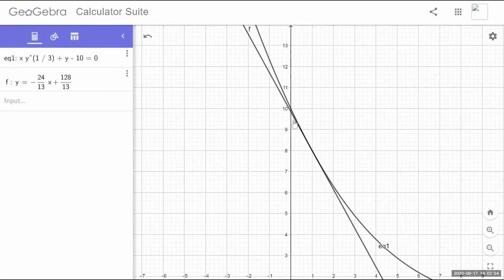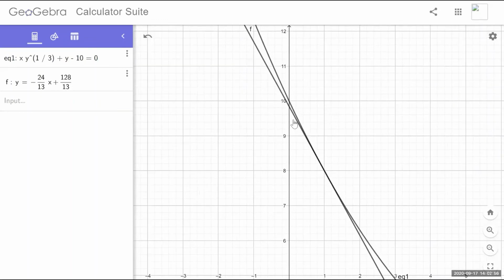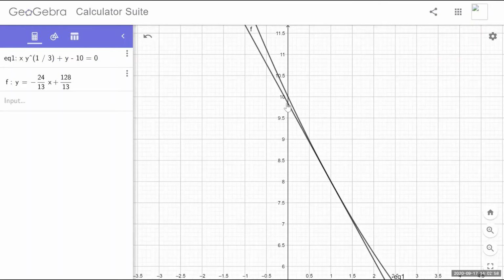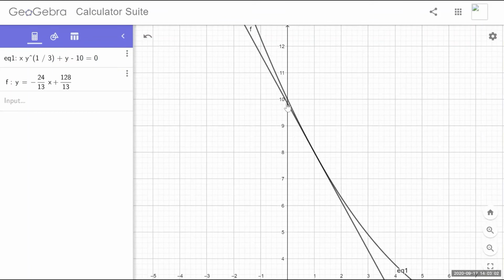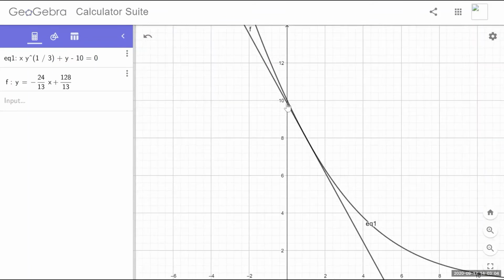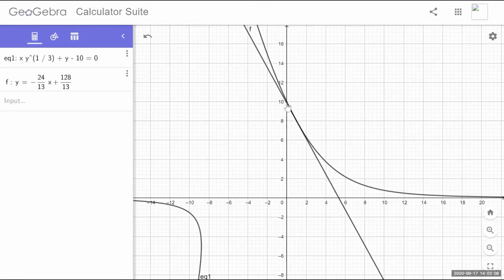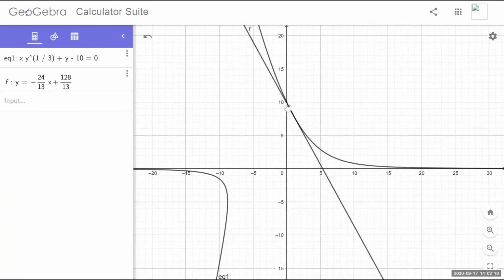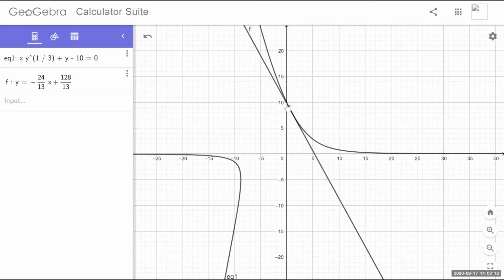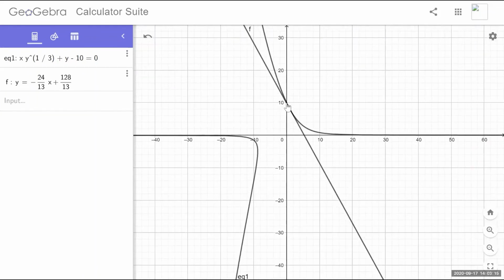If we zoom in, you can see the y-intercept is a little below 10. So that is the equation of the tangent line for the implicit function given in the problem. When we sketch the graph, we sketch the function and the tangent line together on the same grid.